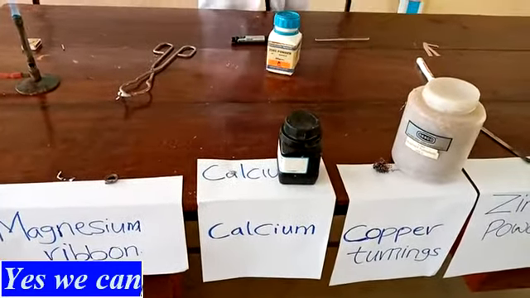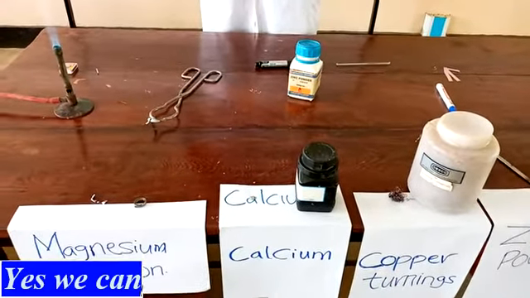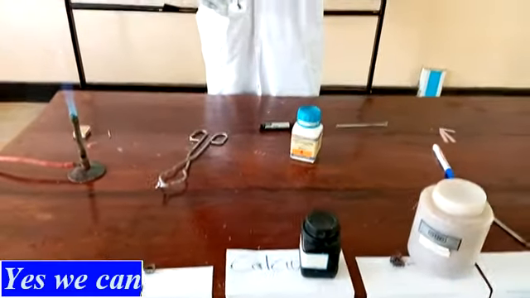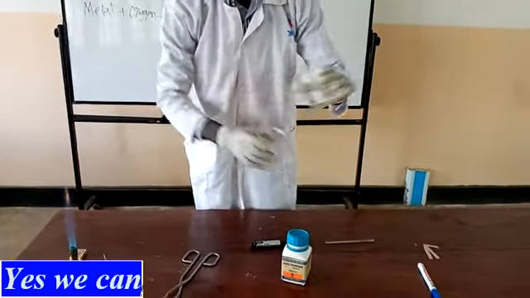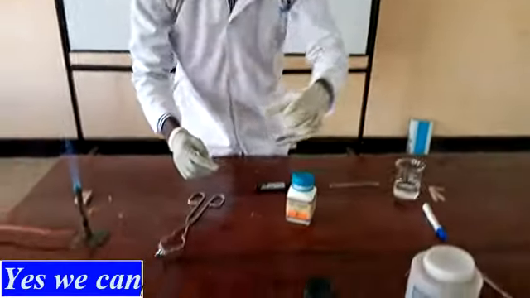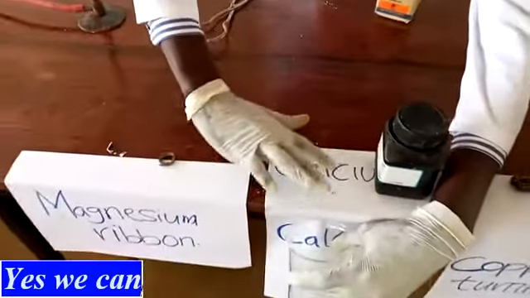Let me get some water. I need a little amount because my calcium oxide is also small. So I have my oxide there. I'm going to put it inside.